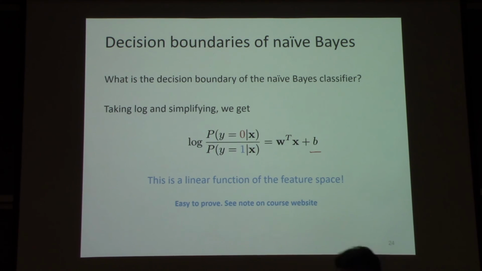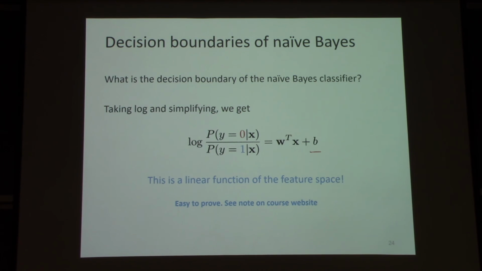Not only do I encourage you to go through this proof because it's actually fairly simple, your homework might actually require you to go through that proof, so there's more reason to do that. So your naive Bayes classifier is just linear, so I could have trained this as a linear classifier as well, right? I could have just forgotten all about this, and run, say, SVM or perceptron. But actually it turns out that's not quite right.